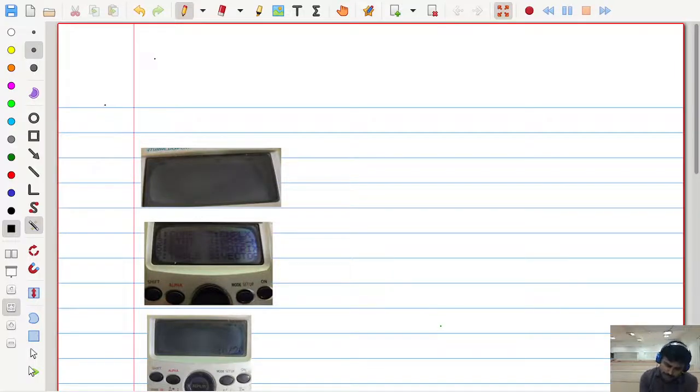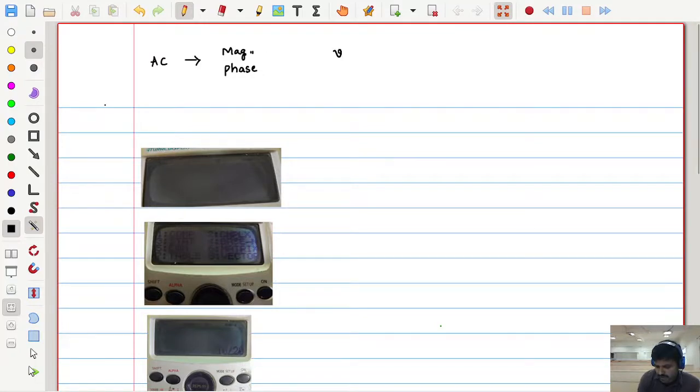Right. So we were talking about the AC system, in which we have two important things: one is the magnitude, and another is the phase. Usually it looks like this.